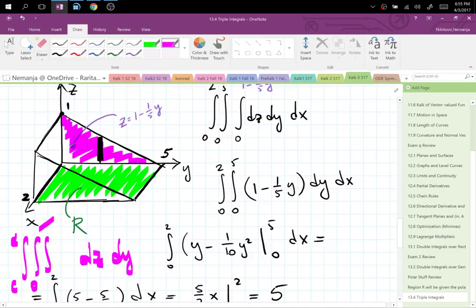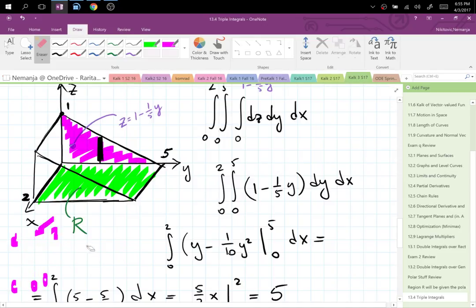So that goes on the middle integral, and then you have dx, and dx goes 0 to 2. So you can swap, but you have to think.